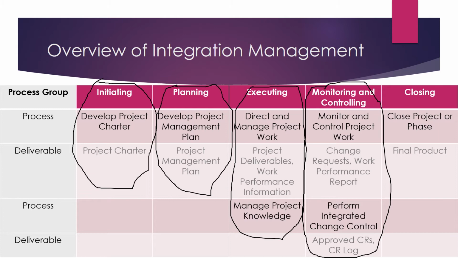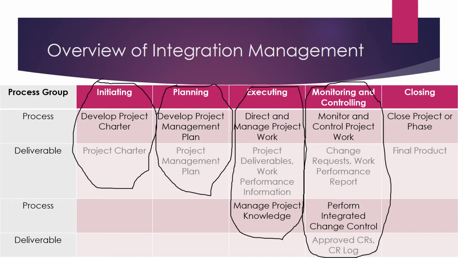You might receive change requests from any of the major stakeholders of the project, and that's why change requests are one of the major deliverables of the monitor and control project work process. The work performance report is another major deliverable of this process.